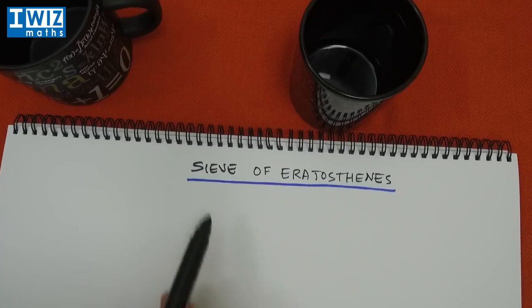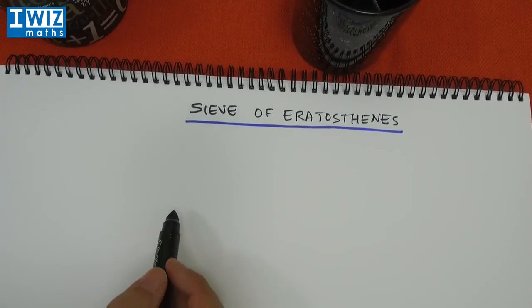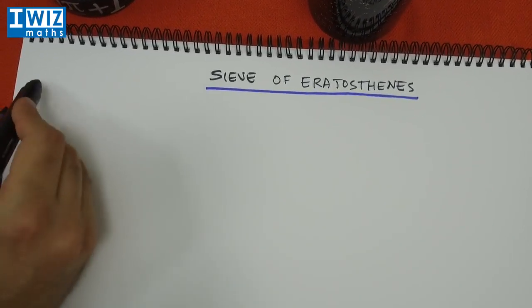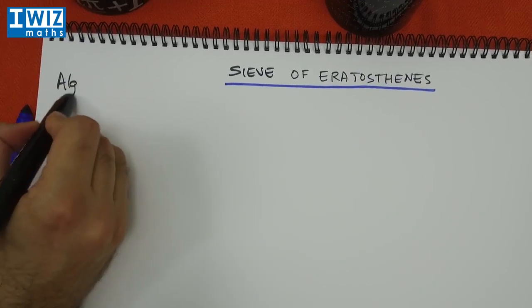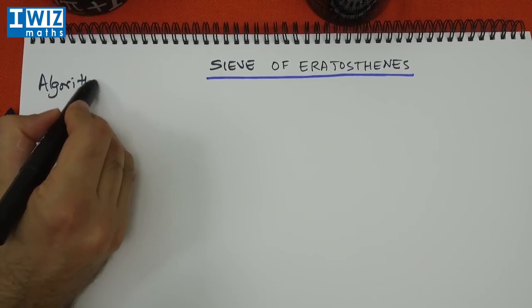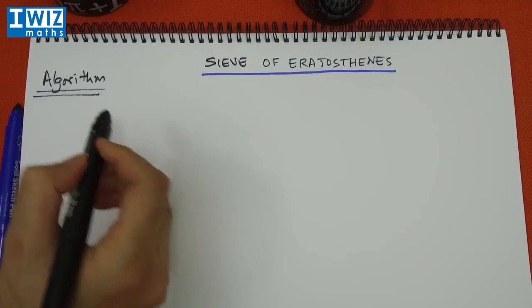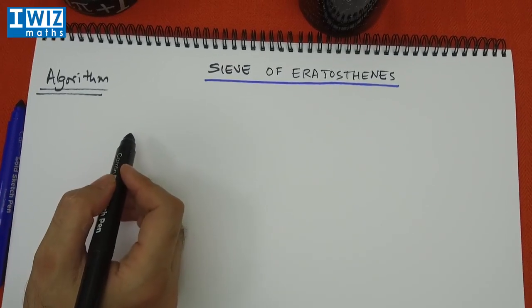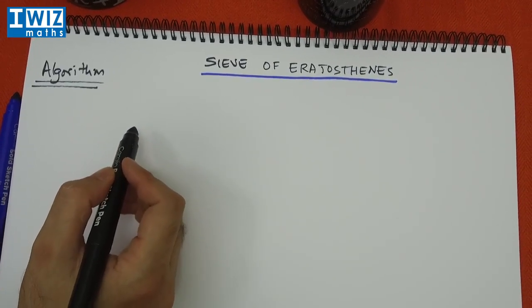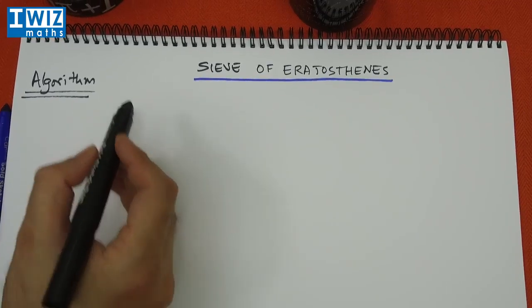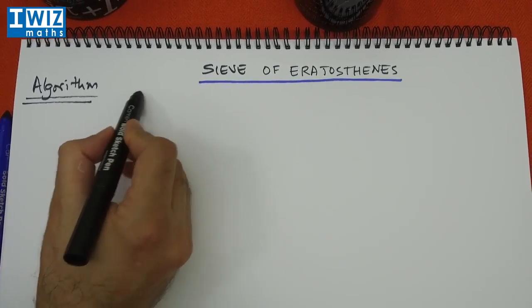So we're going to outline the sieve of Eratosthenes in the form of an algorithm. That's the way we will outline the procedure to actually find all primes less than or equal to some integer n. So that's our problem statement. Let's go ahead and write it out.